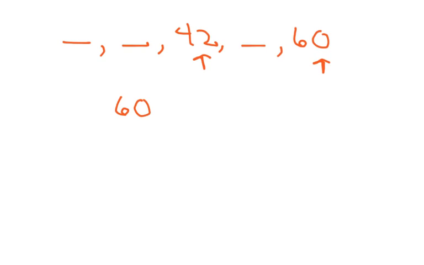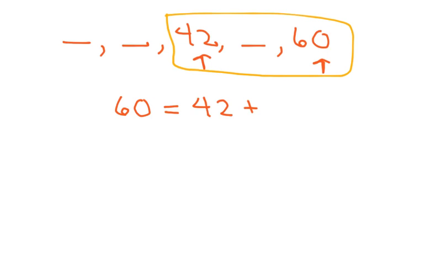So I would have 60 equals 42 plus, and since I'm only looking at this right now, I only have 3 terms. So that's going to be 3 minus 1 times your common difference. Solve for your common difference. So what's 60 minus 42? That's 18. So 18 equals 2d, so d is 9.